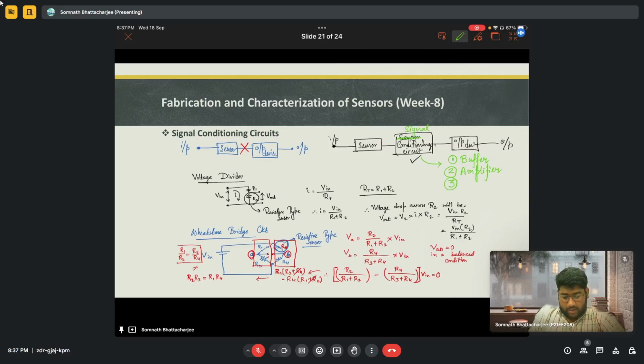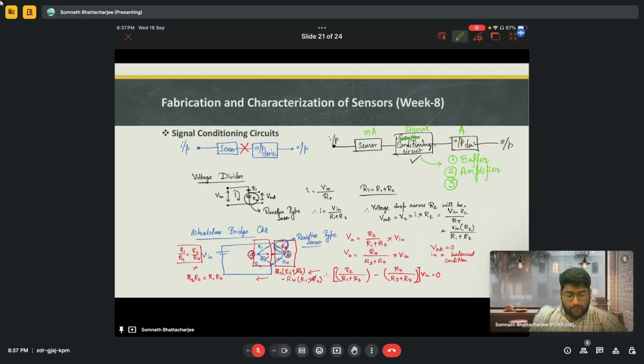In most cases, the signal directly obtained from a sensor may be in the nanoampere range, and you may need to at least be in a milliampere range. So to change the order of the signal, you need an amplifier.